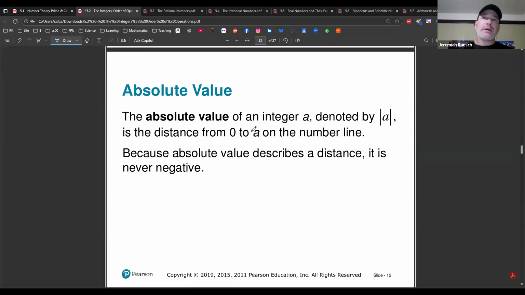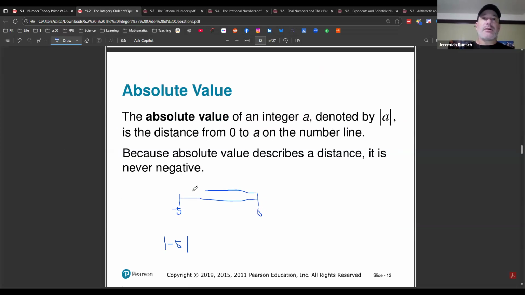Okay. All right, moving down. The absolute value of a number, denoted by these vertical lines, represents its distance from 0. So if I look at the number -5 here, what is the absolute value of -5 saying? It's saying how far is -5 from 0?